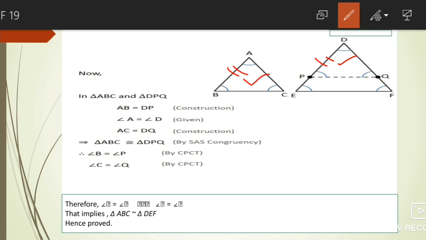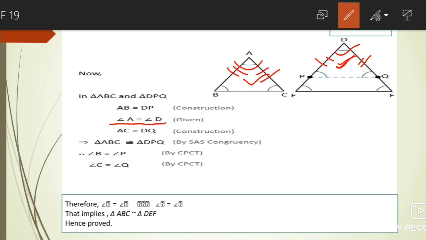Why? Because from the construction, this side is equal to this side. Angle A is equal to angle D. Why? Because it is given in the condition that one angle was equal. So this triangle is congruent with triangle DPQ, that means the smaller one.